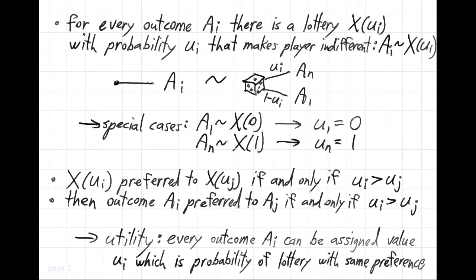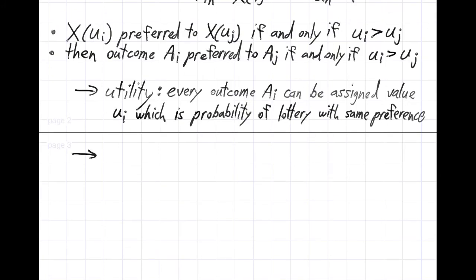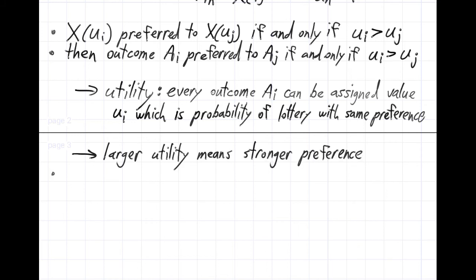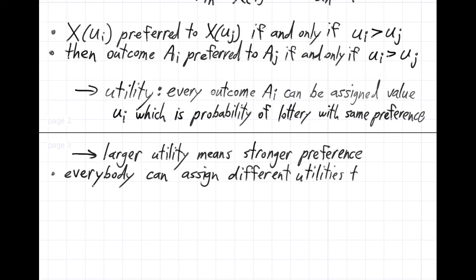So every outcome Ai can be assigned a value Ui, which is the probability of that extreme lottery which gives the same preference as that outcome Ai. And of course, a larger utility means a stronger preference. And it's important to note that every person can assign different utilities to the same outcomes.